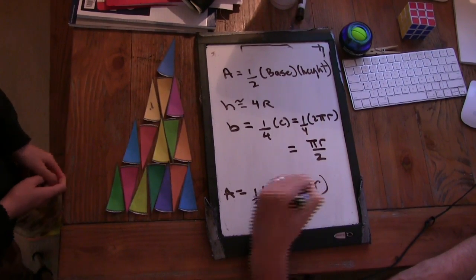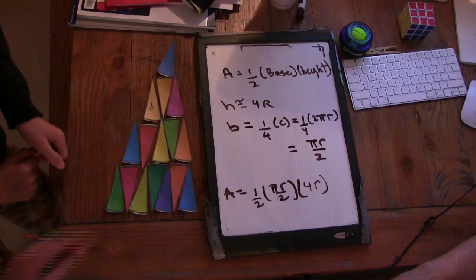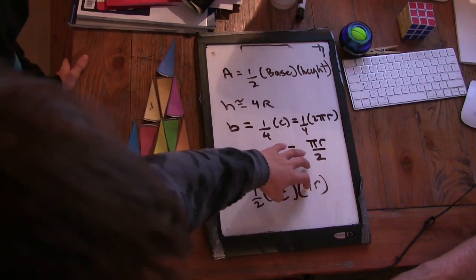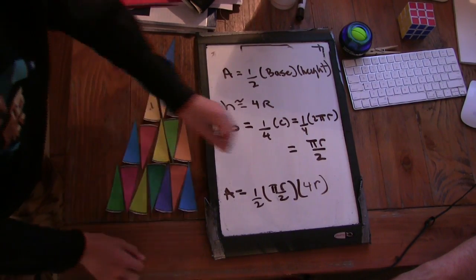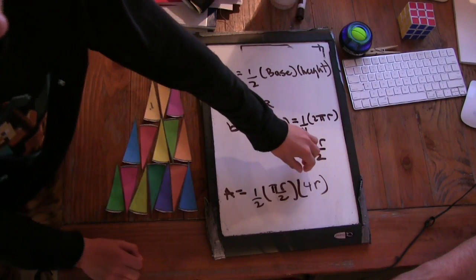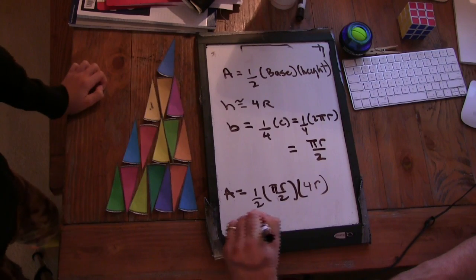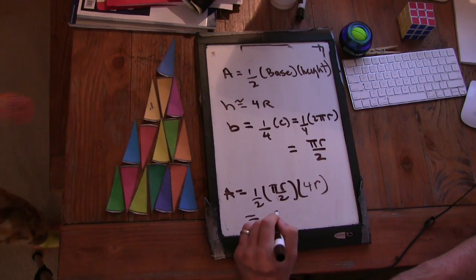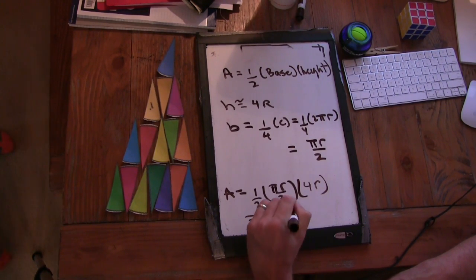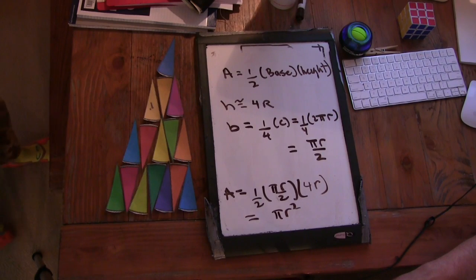Well, you have a 4 here, and you have a 2 in the denominator, so you can use the 4 to cancel out the fractions. And what am I left with once I do that? Pi r times r, which is pi r squared. How about that?